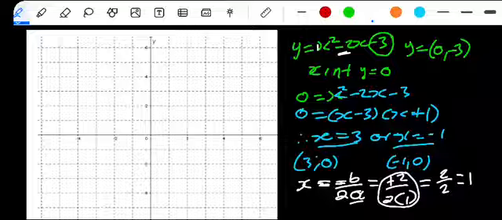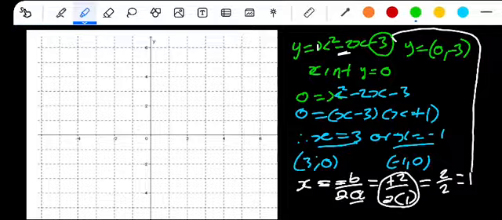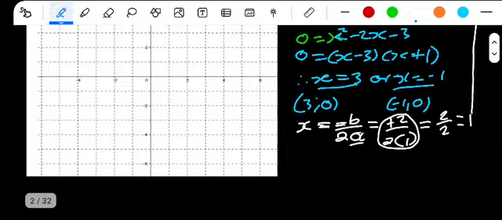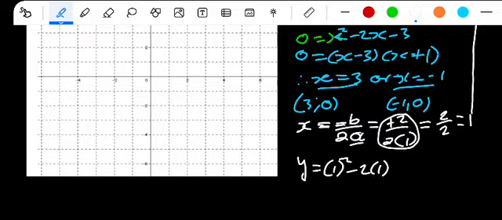So we want the y value. We take this x value and substitute it back into the original graph to find the y coordinate. We have 1 squared minus 2 times 1 minus 3.